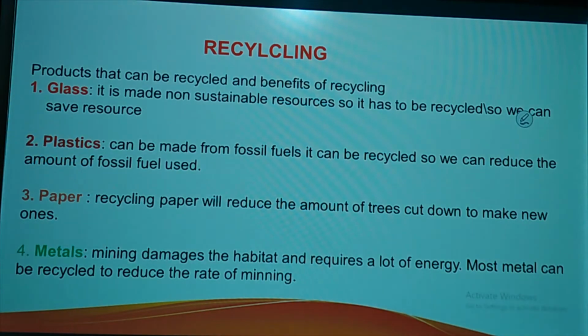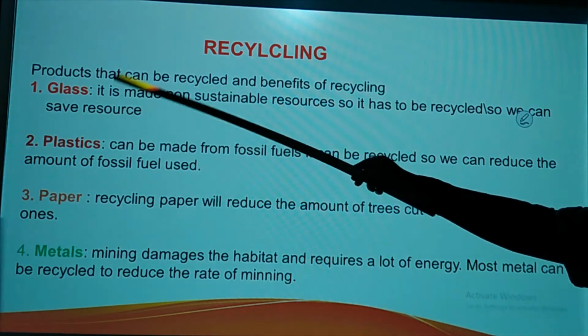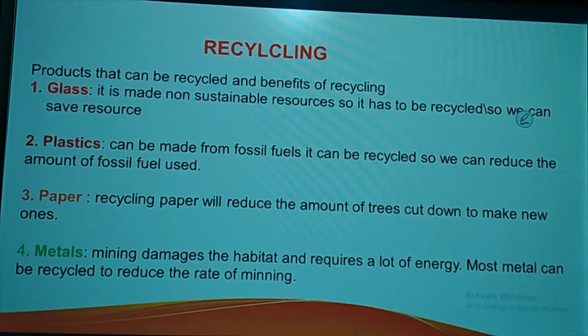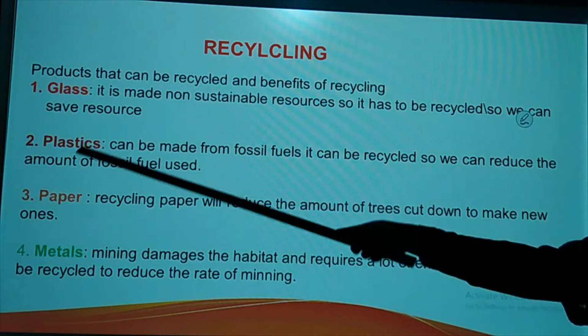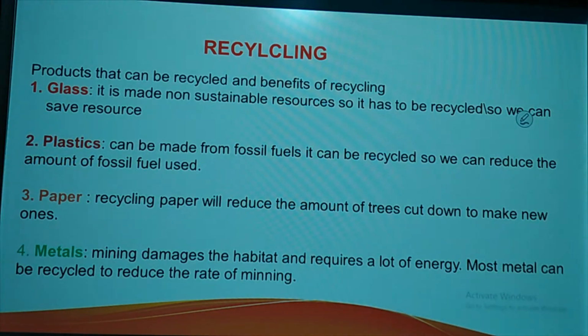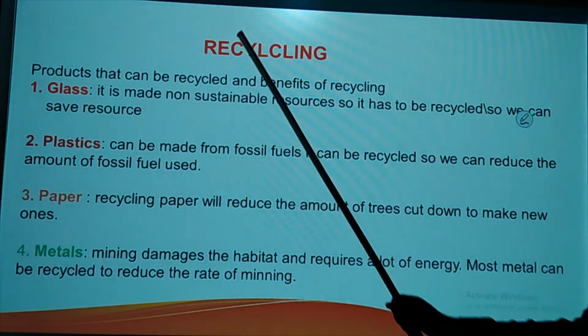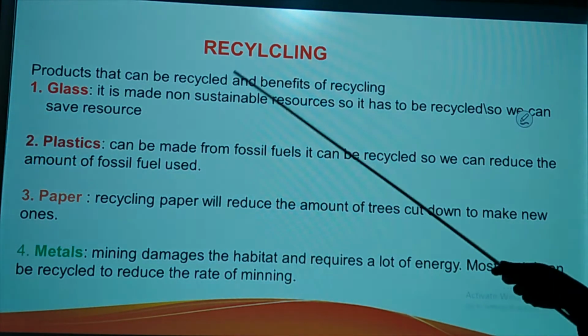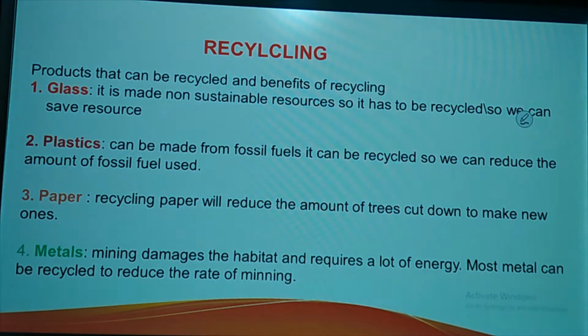So for us to save the resource, we have to recycle glass. The other product is plastics. Plastics can be made from fossil fuels. They can be recycled so we can reduce the amount of fossil fuel that we use.